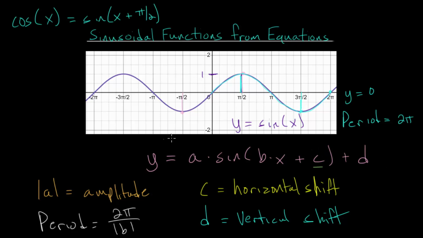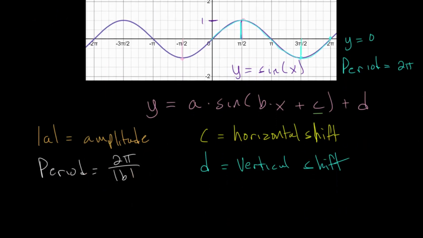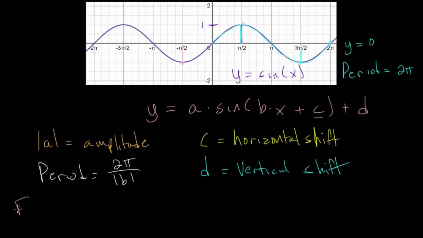If everything else was either 0 or 1, 1 for a and b, and d is 0, then if c is pi over 2, that will shift the function to the left pi over 2 radians, and we would get the cosine function. But again, the main point is that the sine and the cosine are really the same function, they're just shifted relative to each other.